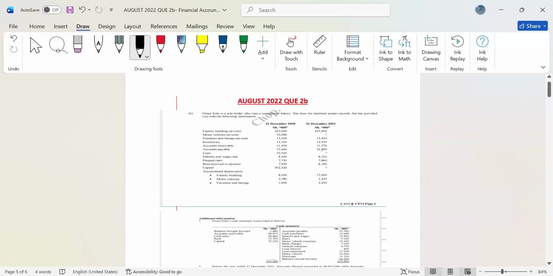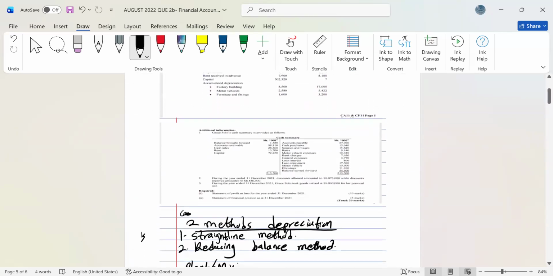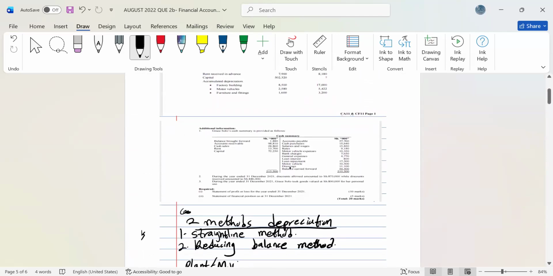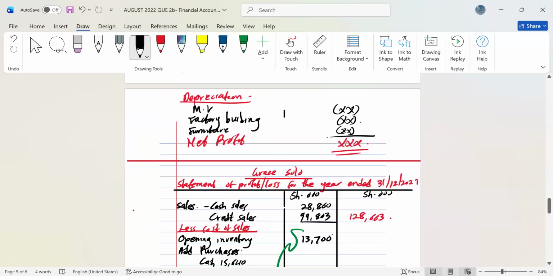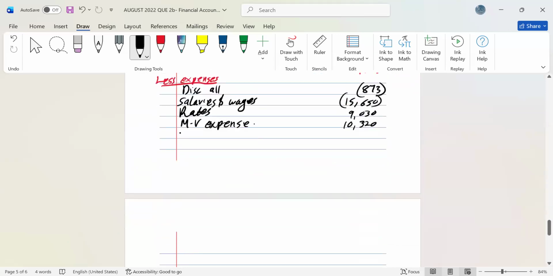Pale kwa note number 1, just check the transactions. We also had bank charges of 7,650.